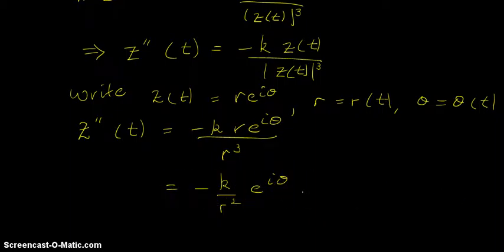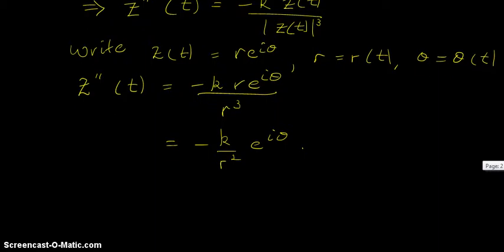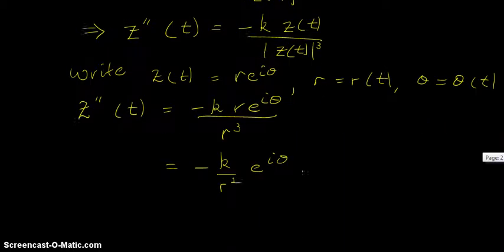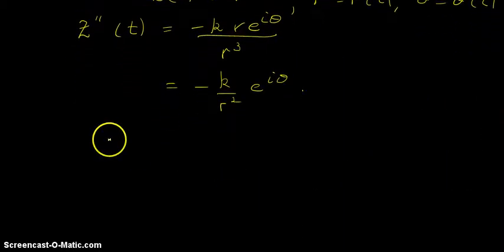Good. Well, having got that much, let's now go back to work out the first and second order derivatives of Z of T, bearing in mind that both the r and the theta are functions of time. So what's dz by dt?